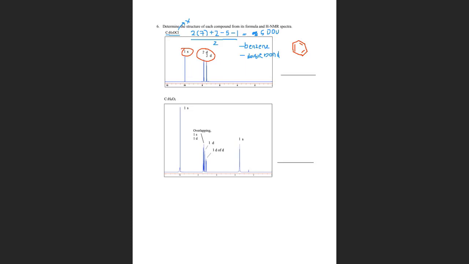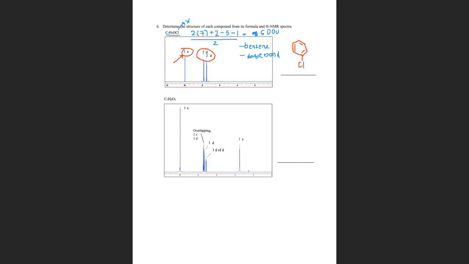So we know that there's going to be some planes of symmetry here. So let's try to put the Cl on one of the carbons and see where to go from there. Okay, so now this signal right here corresponds to an aldehyde. You know that because it's pretty far downfield, and the 1 singlet will correspond to an aldehyde signal. So we have a bunch of these carbons that we could put it next to.